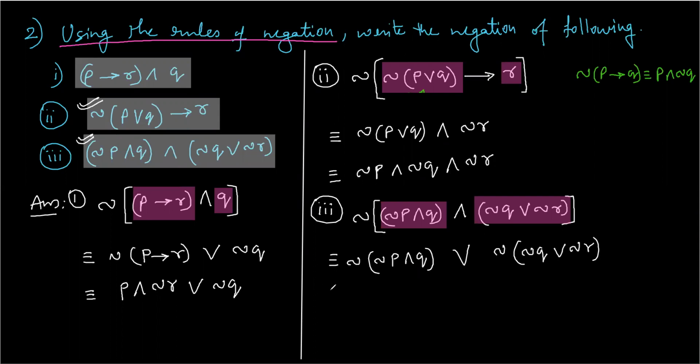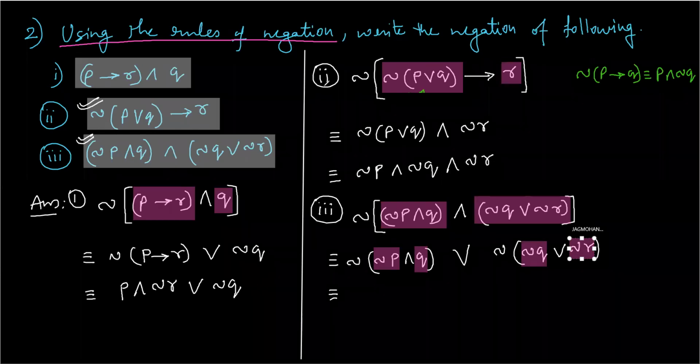Okay, then next step, once again, here what I notice is that here I have negation of conjunction. Here I have once again negation of conjunction, and this side I see that I have negation of disjunction. Okay, so once again, I will go for that.